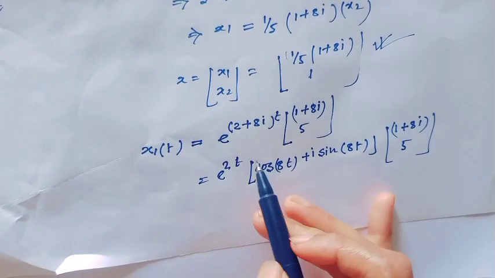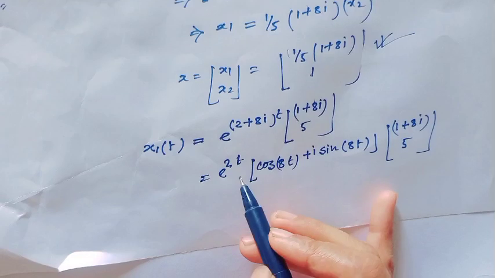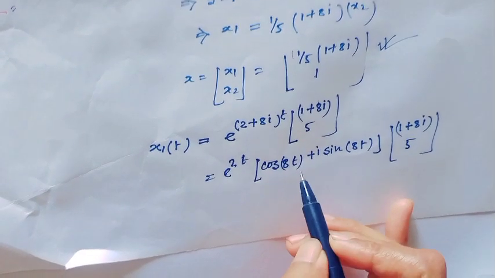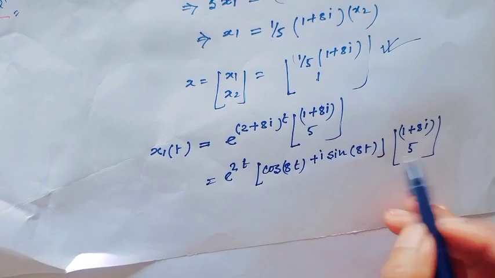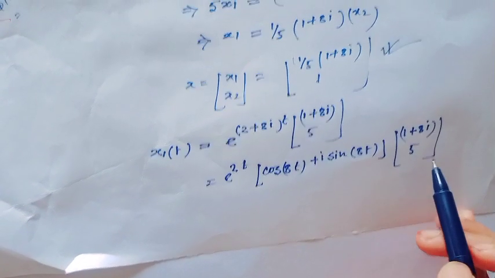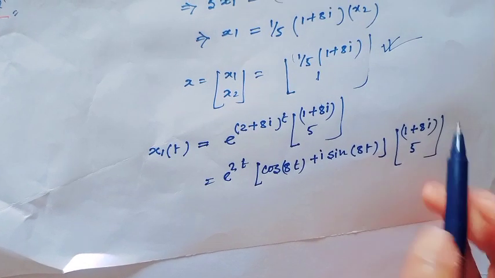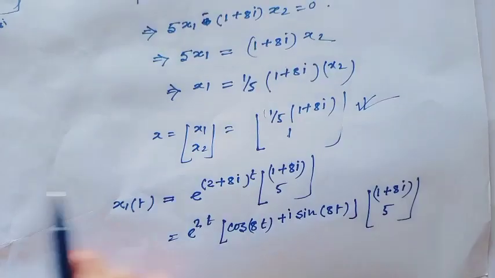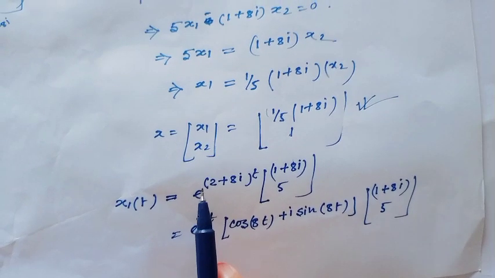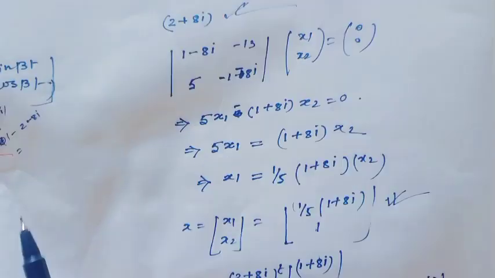And this means, obviously, e to the power 2t, and e to the power 8it means cos 8t plus i sin 8t, times the eigenvector (1 plus 8i, 5). I hope all my viewers have understood the geometry. Here I have not taken C1 because I have considered only one eigenvector.